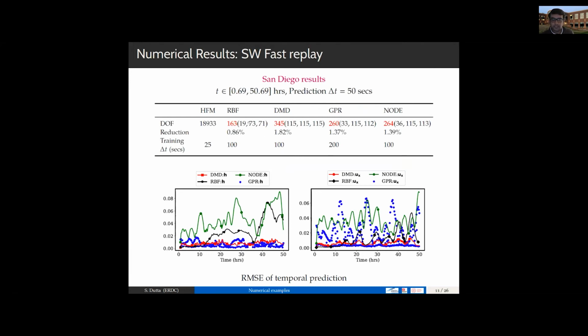For instance, this is the number of reduced basis degrees of freedom for each method, which obviously allows for different reduction ratios. And also, we use a finer time step of training data for RBF, DMD, and neural ODE method versus what we require for the Gaussian process regression method.